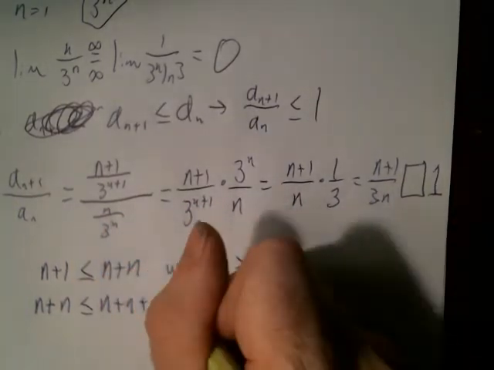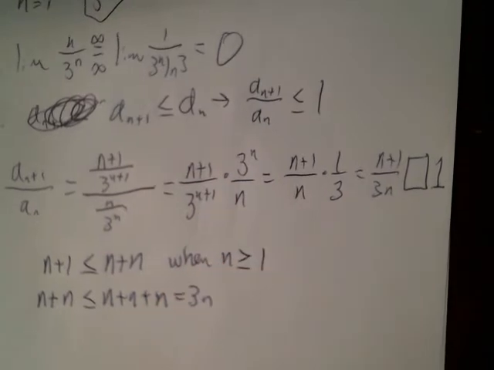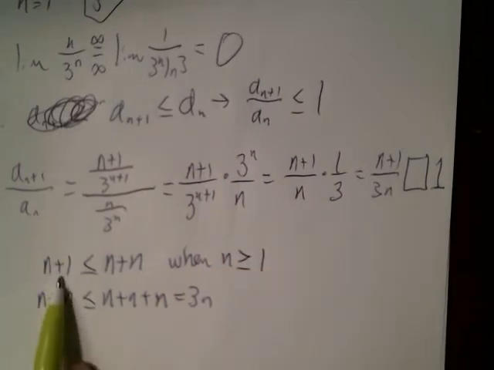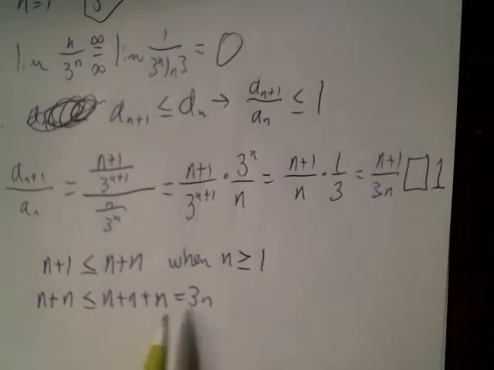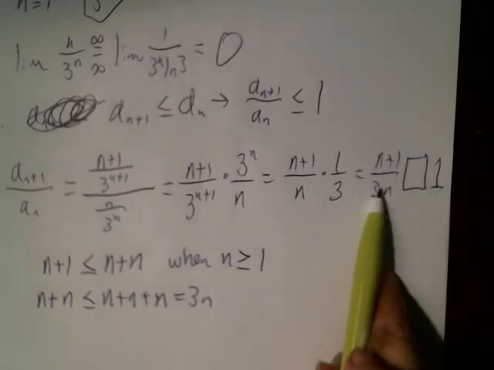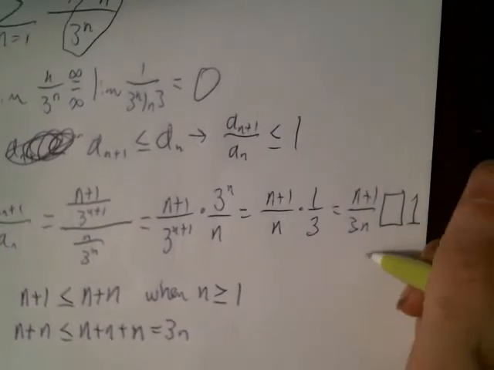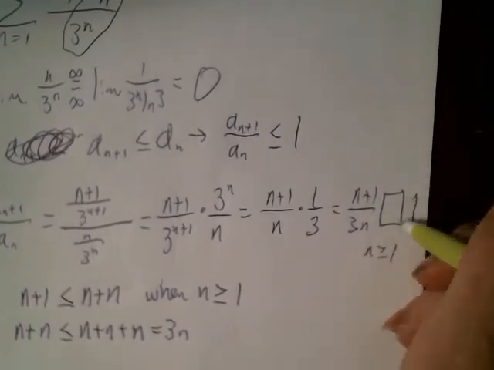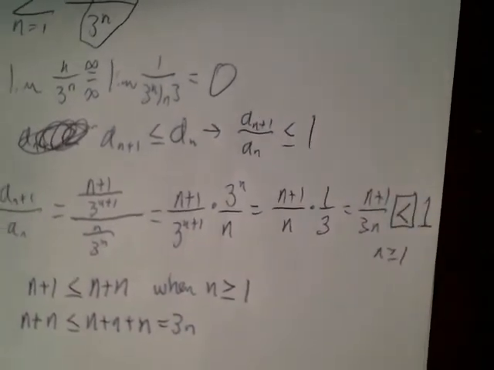So what is this side equal? That equals 3n. The transitive property says that n plus 1 must be less than or equal to 3n. So I have something less than something else when n is greater than or equal to 1, so this will definitely be less than 1. That's a direct proof.